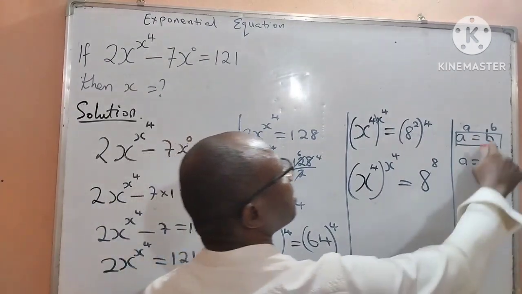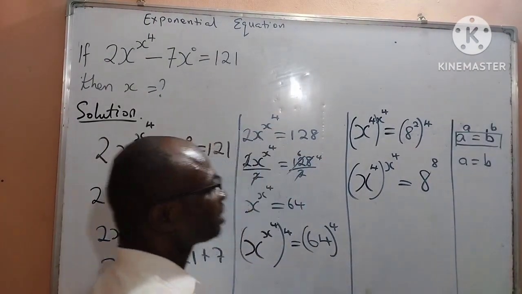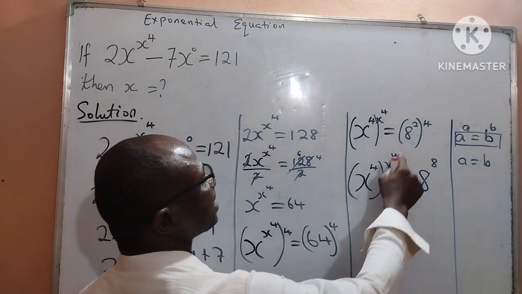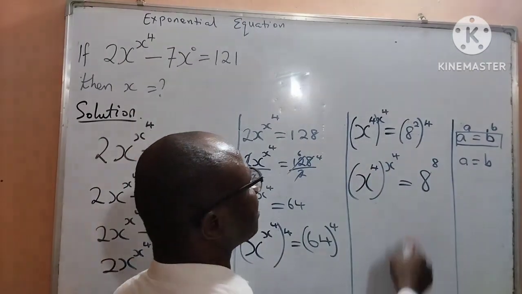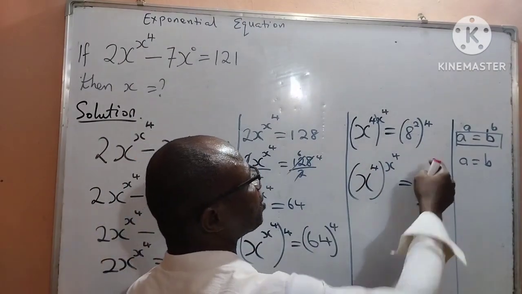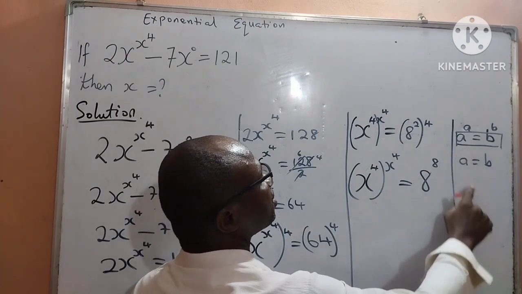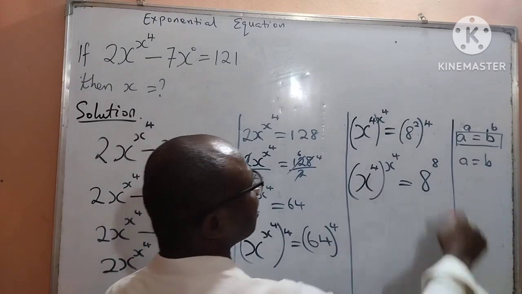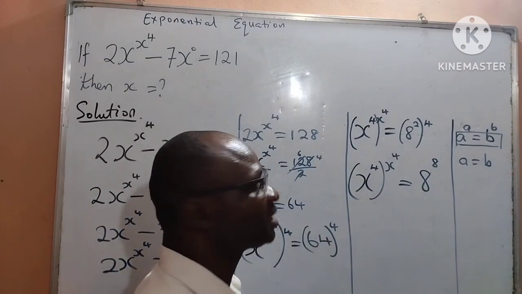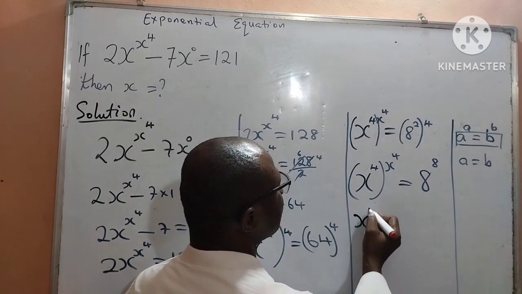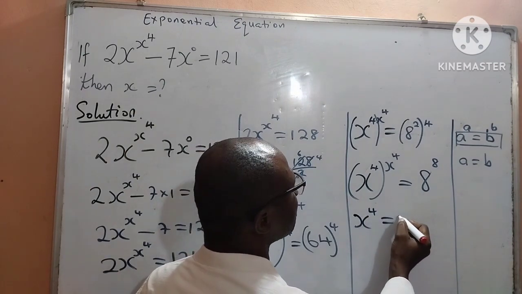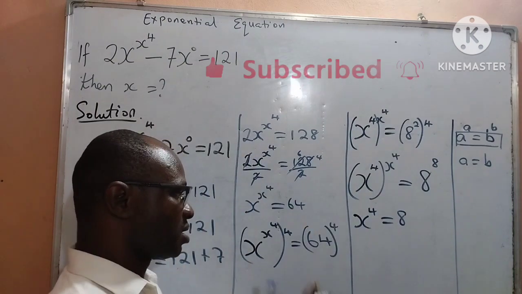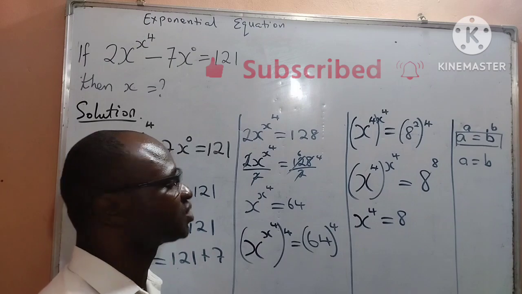And by the right hand side, the base is b, the power is also b. That is what we are having here. The base here is x raised to the power 4, the power is x raised to the power 4. By the right hand side, the base is 8, the power is also 8. And by this law in indices, the bases are equal. So x to the power 4, which is the base by the left hand side, is equal to 8, which is the base by the right hand side. I can now write that x to the power 4 is equal to 8. And by this, I am close to getting the value of x.